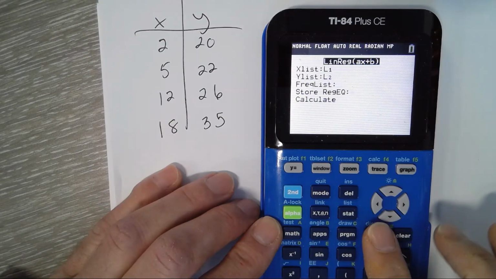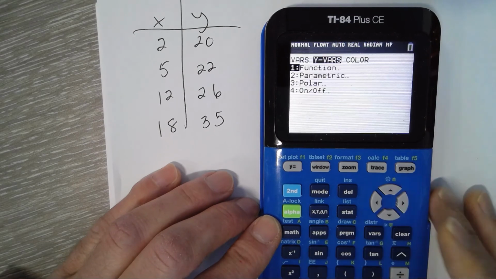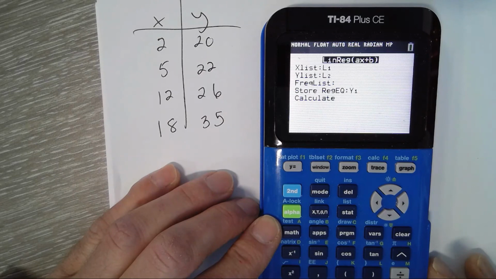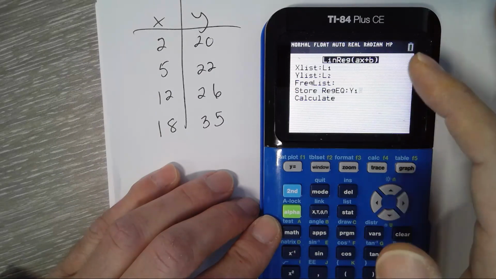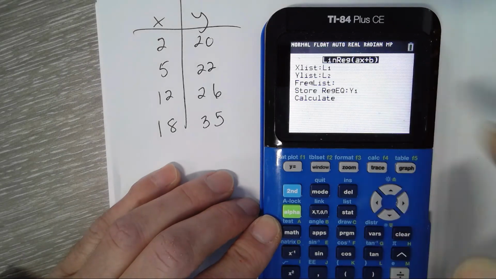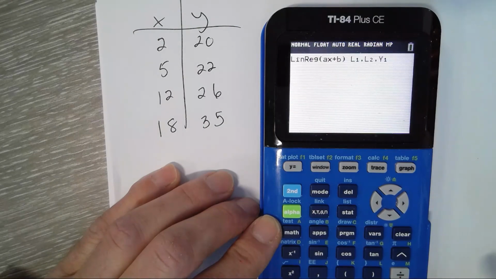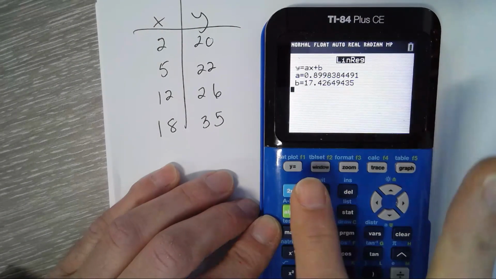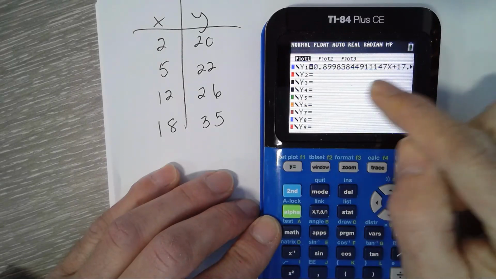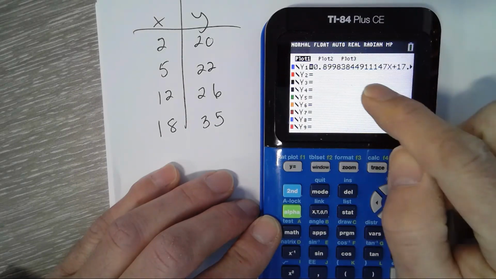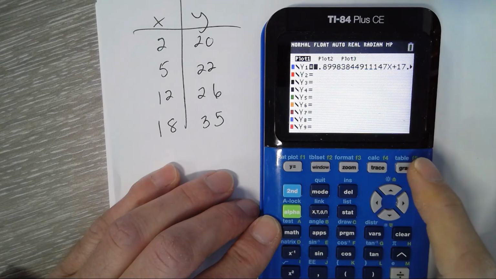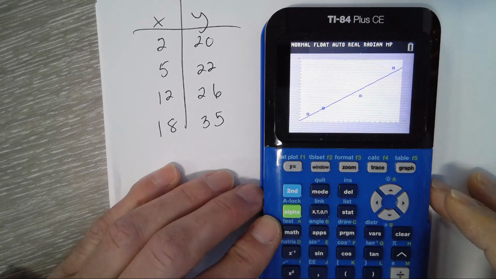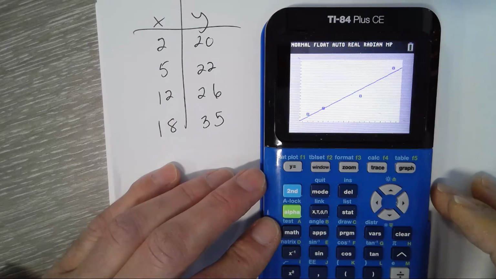So variables, the y variables, function, y1. So we're going to store, the calculator is going to figure out the equation and it's going to store it in y1. So that was an answer we already had. If you go to y equals here, we now have that stored in to y1, and if I graph it, it will actually graph the line of best fit. You can see that it's a pretty good representation of the data, a line going right through the middle of it.